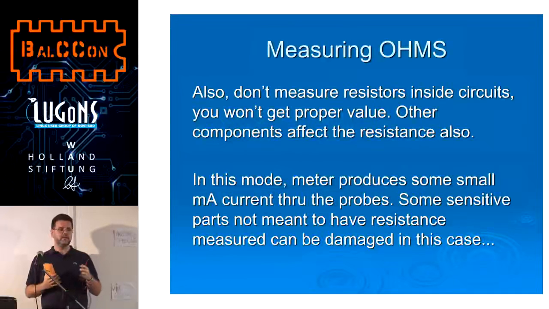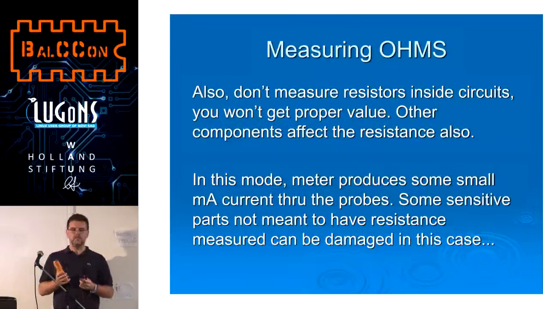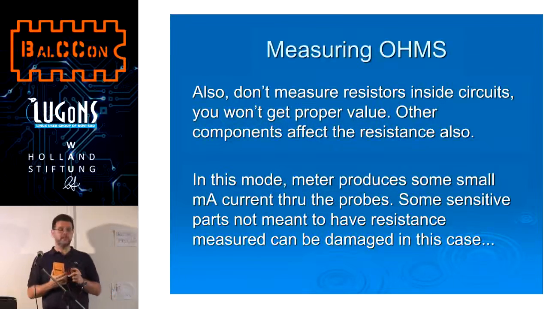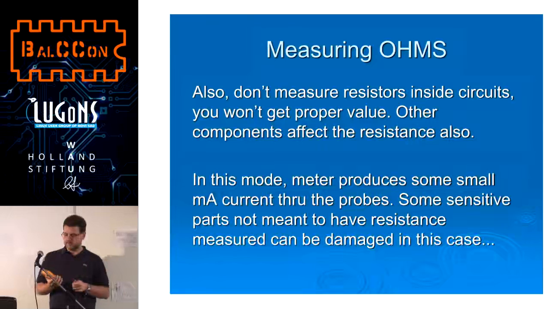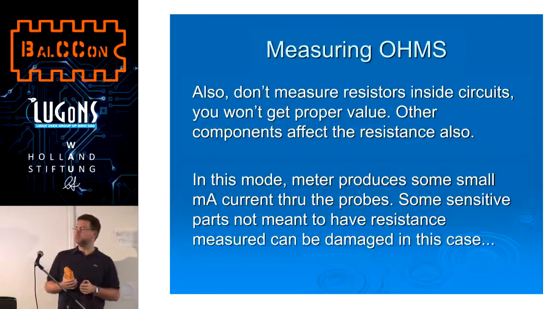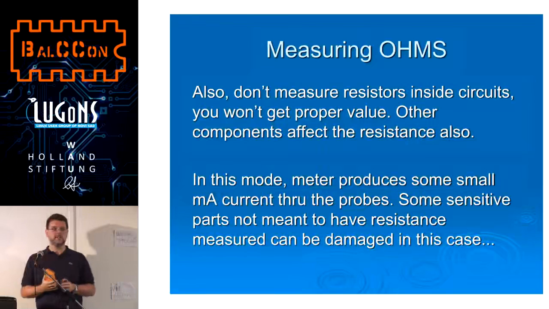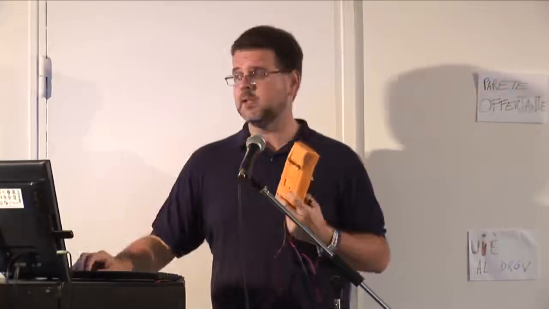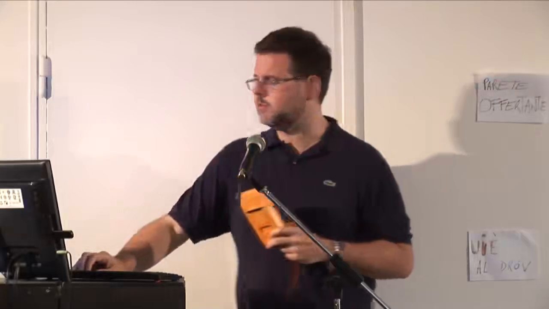In ohm meter mode, the multimeter produces some small current at the ends of the probes, like 1 milliamp or 10 milliamps, and it's a fixed current. It passes through the unknown resistor, and you are actually measuring voltage on that resistor. This current can't hurt you, but you have to know what's going on.